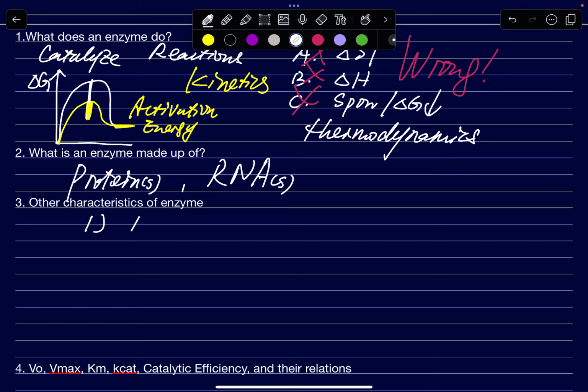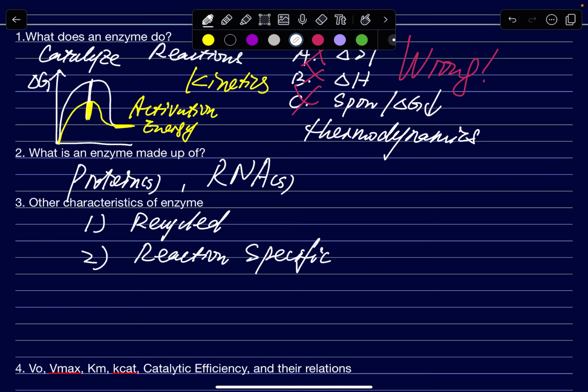Once again, I want to point out that it is recycled, okay? And then number two is I want to say that enzymes are really reaction specific. Okay, so by saying reaction specific, I mean specific enzymes engage in specific reactions, okay?